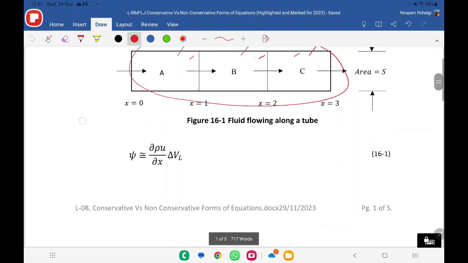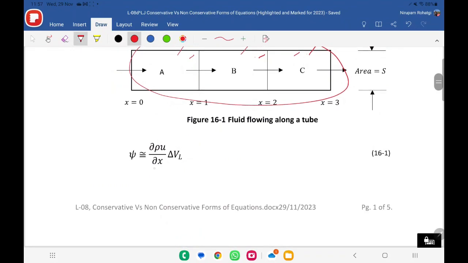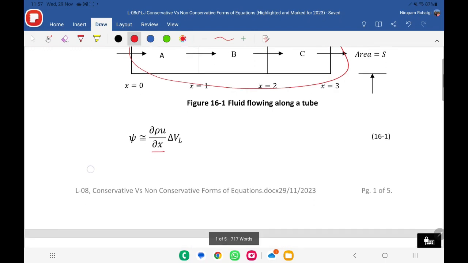Now let us take this case. If you are taking this form, this is the amount of mass flowing out per unit time. Rho u is the mass flowing out per unit time, per unit area, and when you are multiplying by delta VL, it is telling you the amount of mass flowing out per unit time.